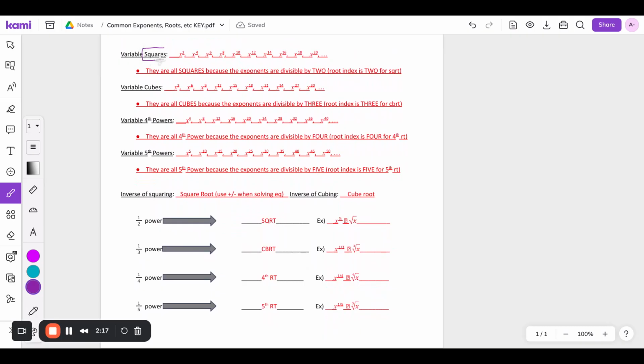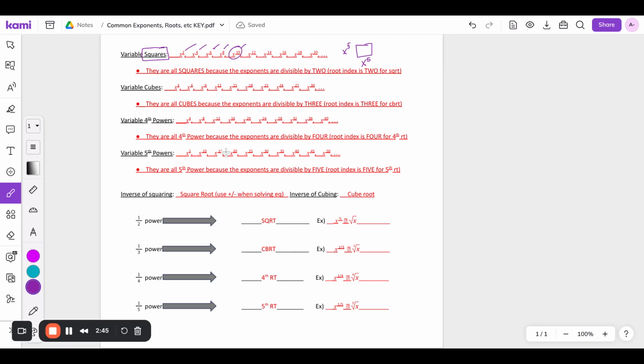Now, with the variables, if it is a square, any variable to any even power is a square. Folks, if I think of x to the 10th, that's an x to the 5th by x to the 5th. You see, that's a square, because when I multiply them to find the area, multiply same base, you add exponents.